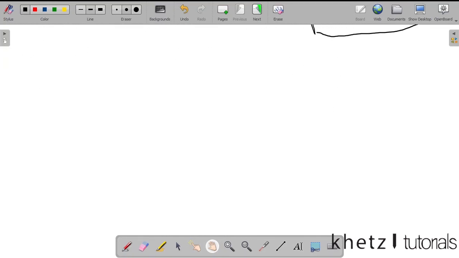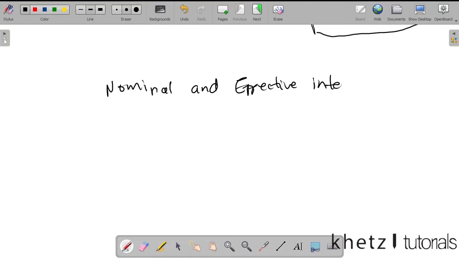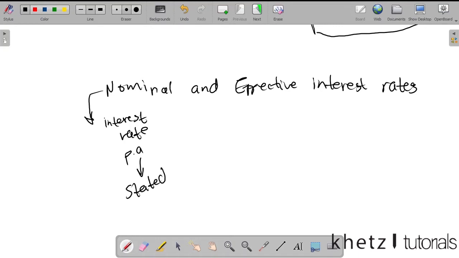And the last thing I want to talk about before we do examples is nominal and effective interest rates. The difference between these two is that your nominal rate will be what's stated in the question, so your interest rate per annum, which is basically stated in the question.